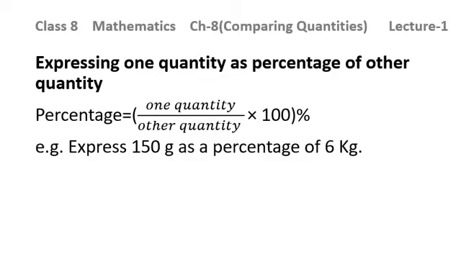Percentage is equal to one quantity over the other quantity times 100%. But you need to find out which should be the denominator and which the numerator.